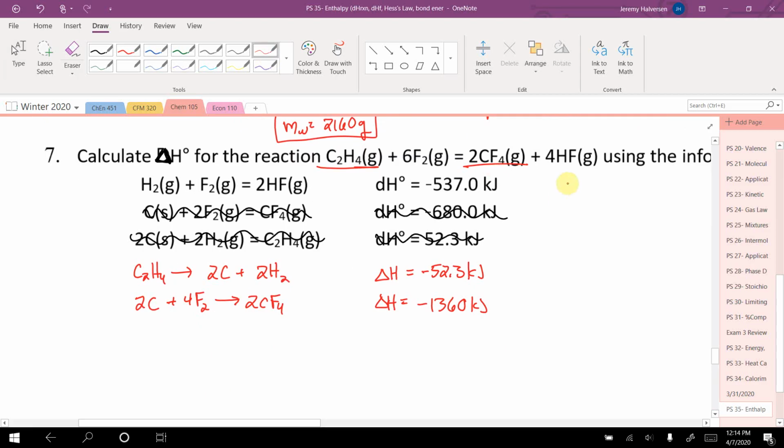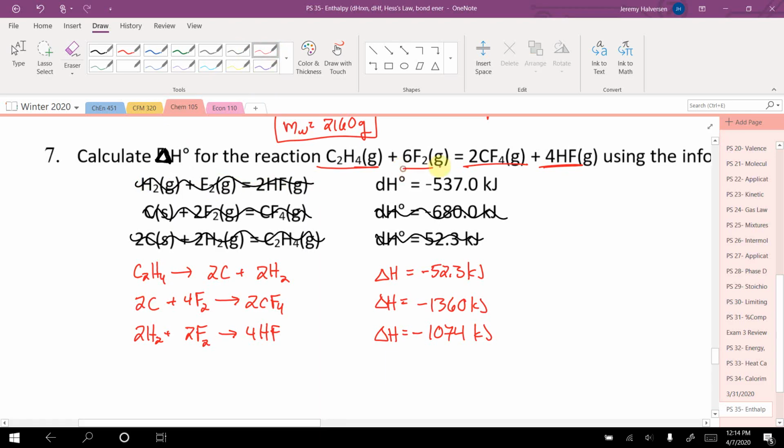Okay, my 2 CF4s are ready. Now I've got my 4 HFs. I've got 2 there, so I've got to scale that equation. I double the delta H as well, and I get negative 1074, I believe.